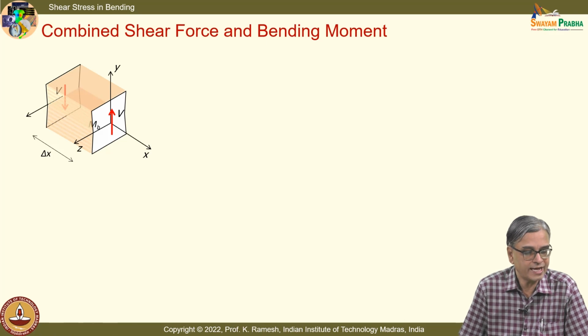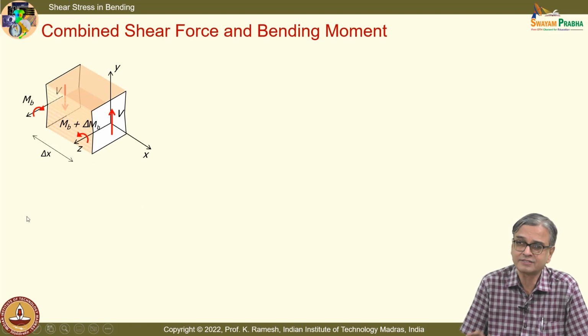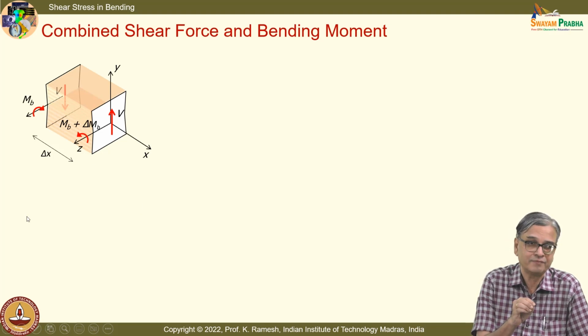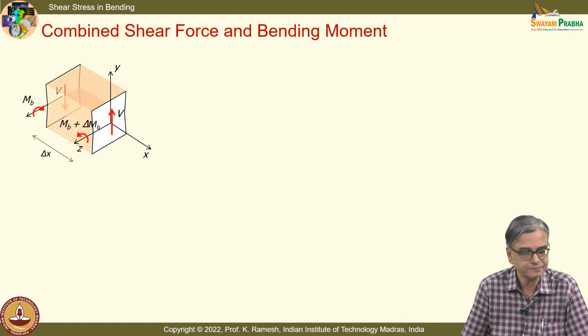And you also have bending moment varying along the x-axis, and we have shown the variation as Mb here and Mb plus delta Mb, and I have taken anti-clockwise moment as positive. Sign convention is very important, because when we assemble the equation, you have to put them in positive sign for us to get the basic equation, and our mathematics will fix the sign automatically.